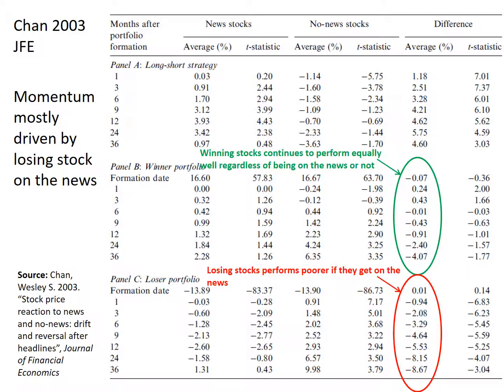So they are not on the news anymore. So these stocks might be doing badly, but things are getting better for them, so they're not getting on the news. Whereas for those that are doing badly and they still get on the news, probably something really bad happened.